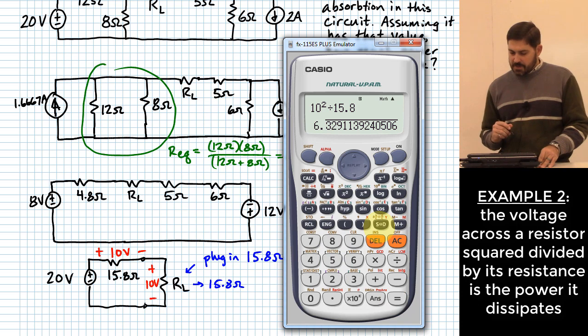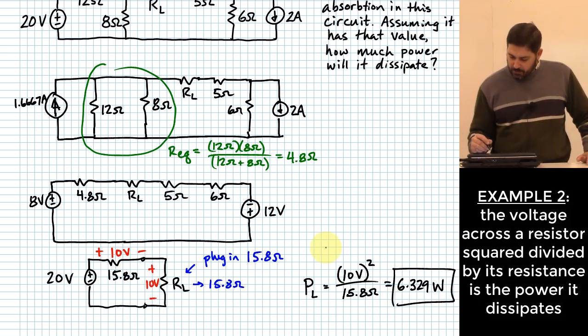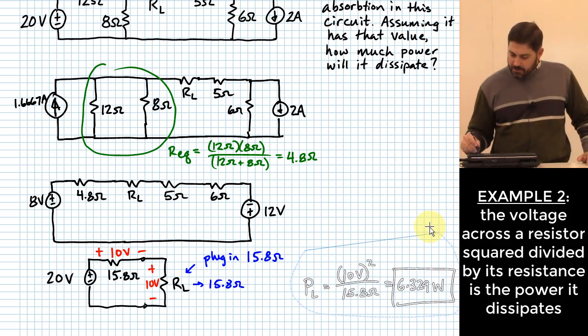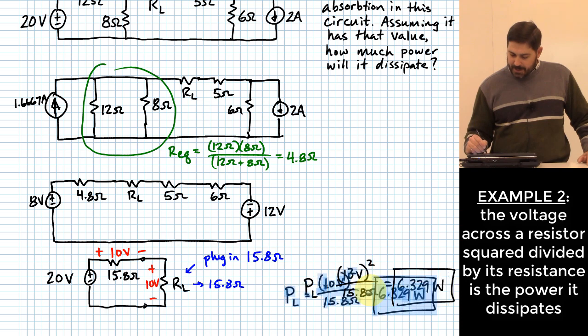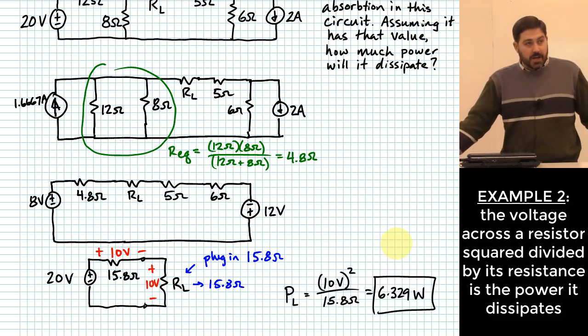This gives me 6.329 watts. So in that example, what we did was we had to pick a resistance value to maximize our power, and then that power winds up being 6.329 watts.